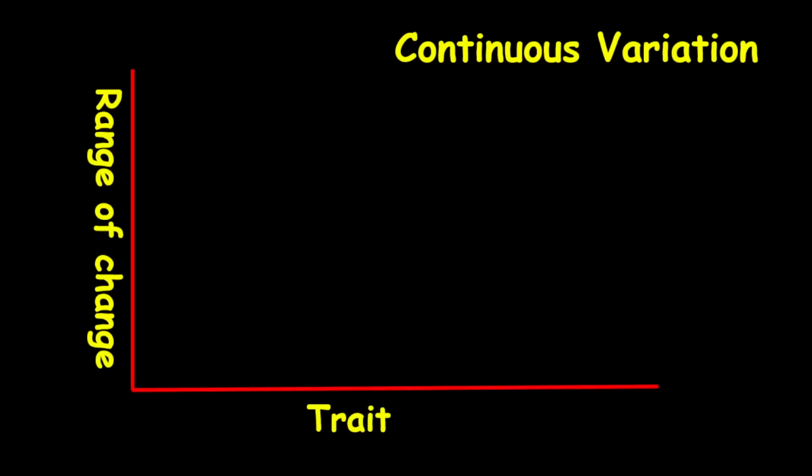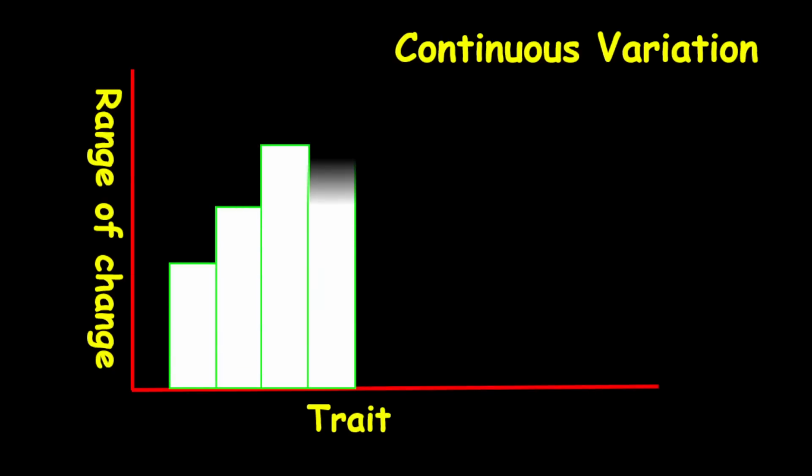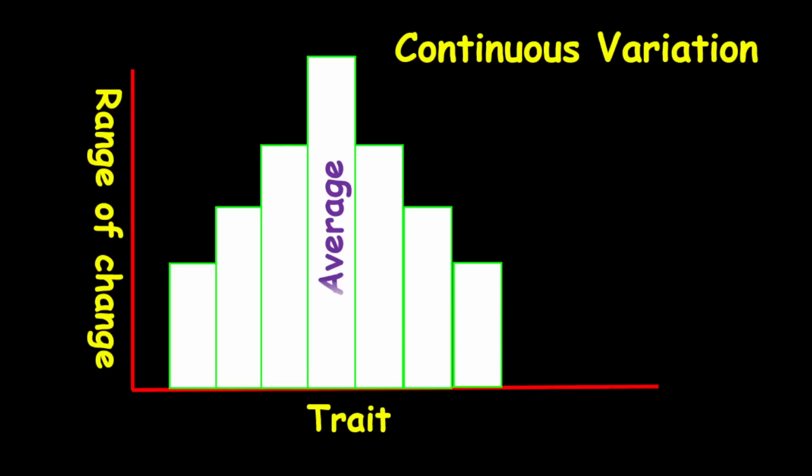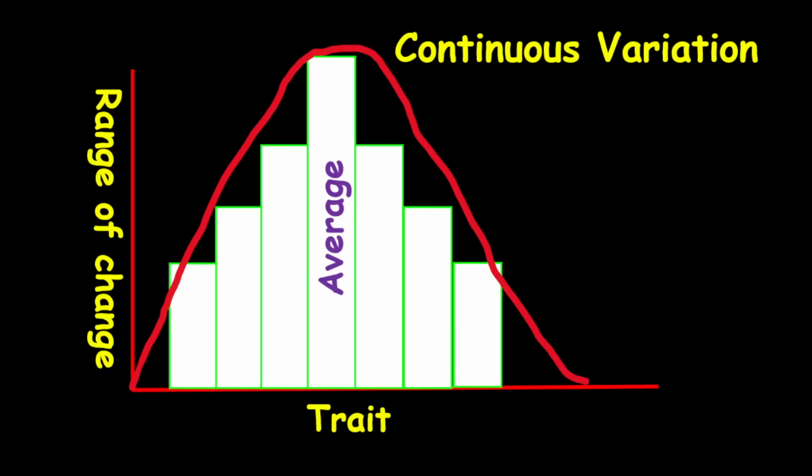For example, you have different traits, such as height, and of course the majority will be in the average. So that's an example of height in a population. A graph looks just like that.